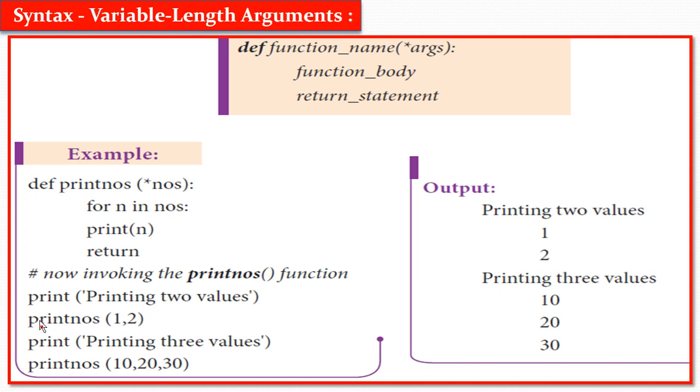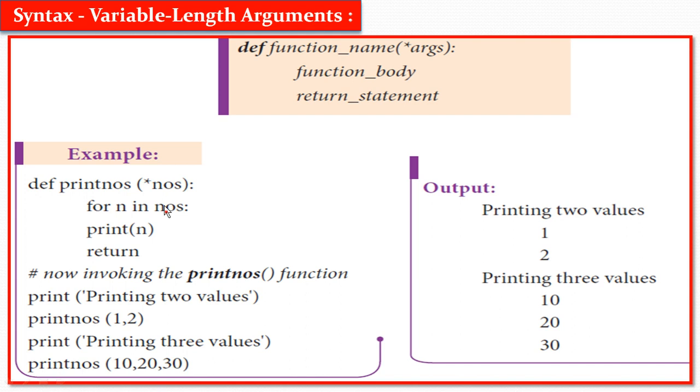In the first calling statement, print numbers 1, 2, there are 2 arguments. The second calling statement contains 3 arguments. In the first statement, only 2 arguments are passed, and this is accessed by the interpreter, printing 2 values, 1 and 2. In the second statement, 3 values are given.